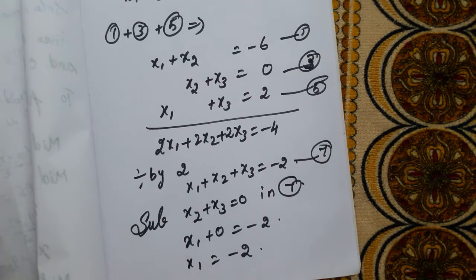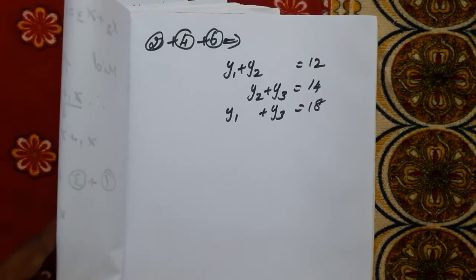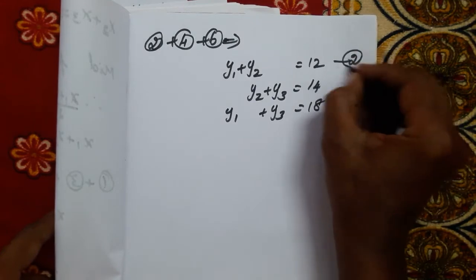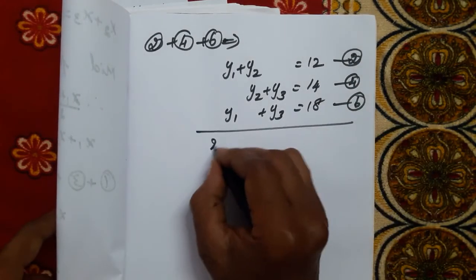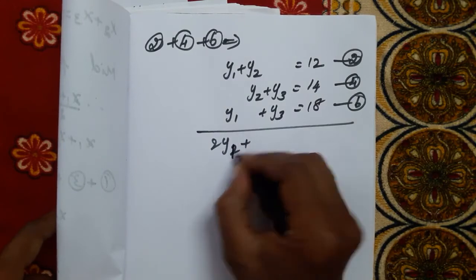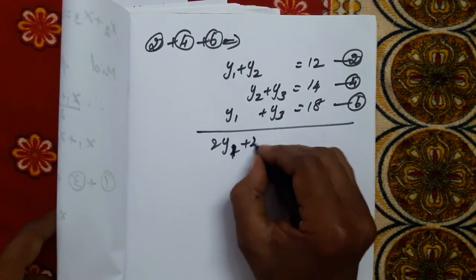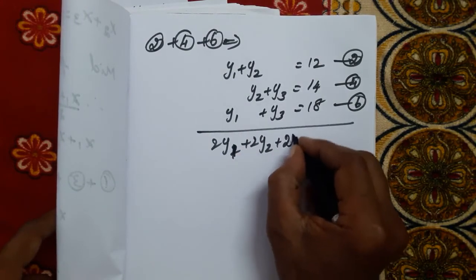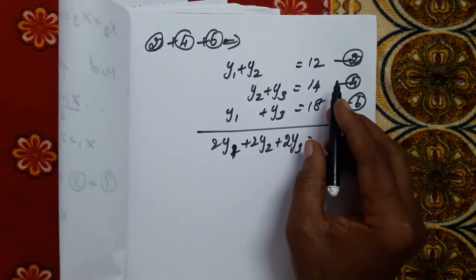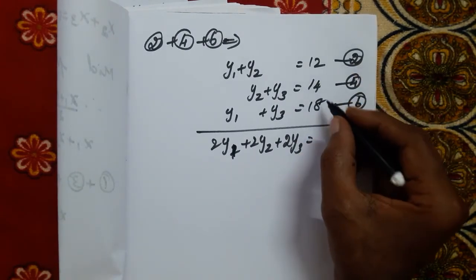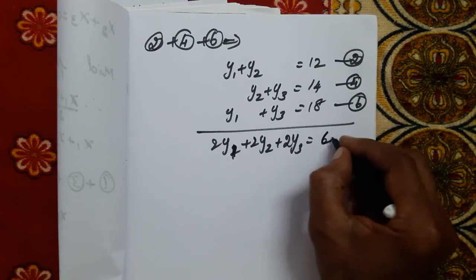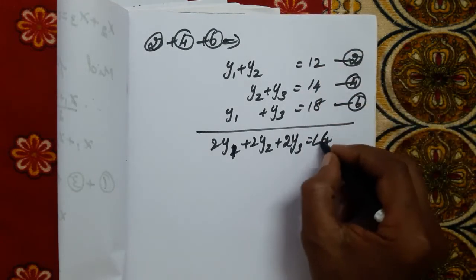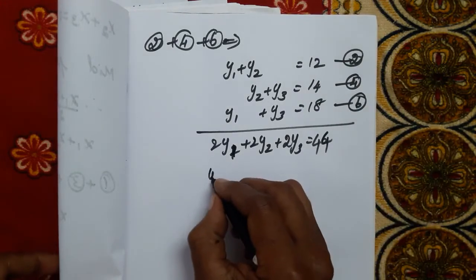Similarly, we have to add equations 2, 4 and 6. Adding them, we get 2y1 + 2y2 + 2y3 = 6 + 14 + 24, which is 44.